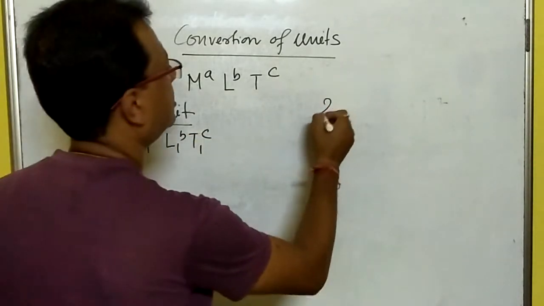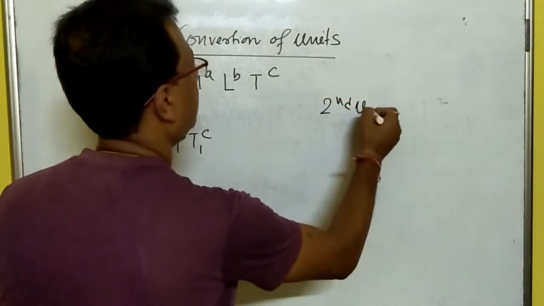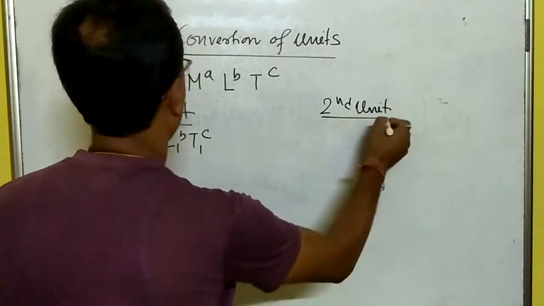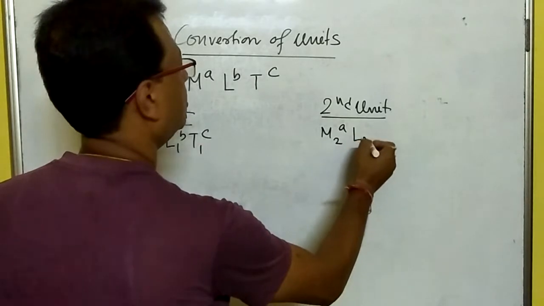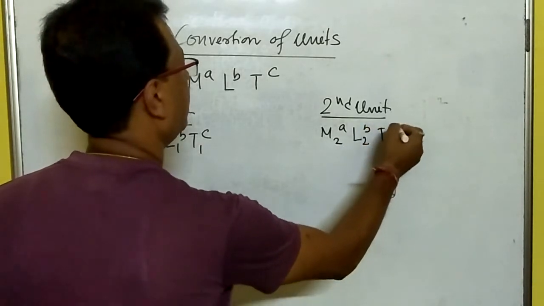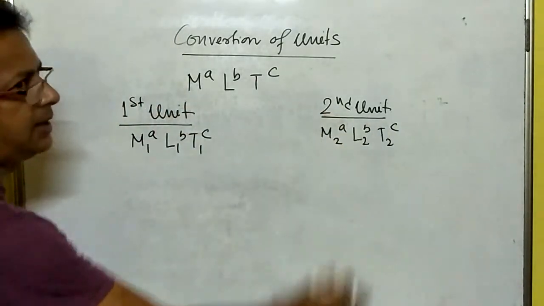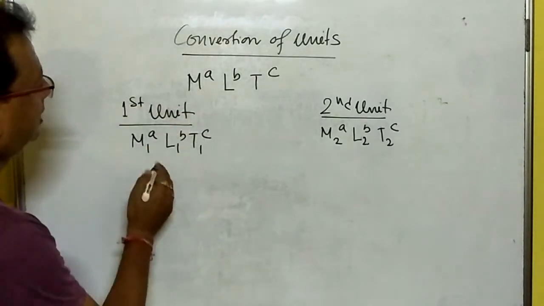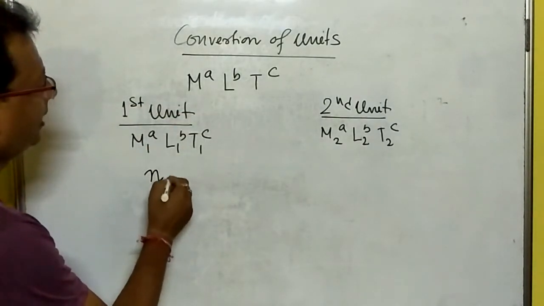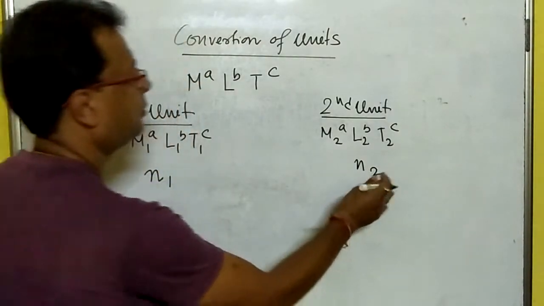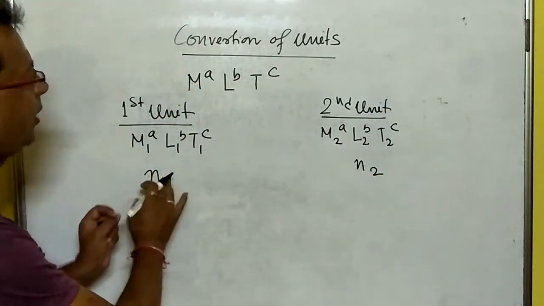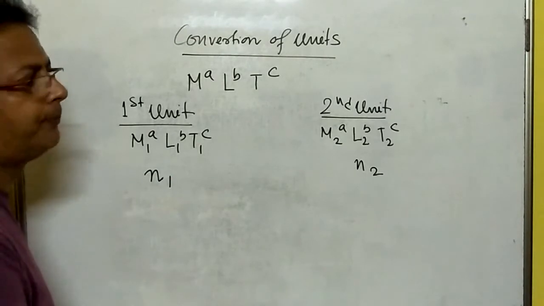In the second unit, the dimensions are say M2 to the power of a, L2 to the power of b, and T2 to the power of c. In the first unit, let the numerical value be n1, and in the second unit, the numerical value be n2. Now, I will tell you in detail what we mean by the numerical value.